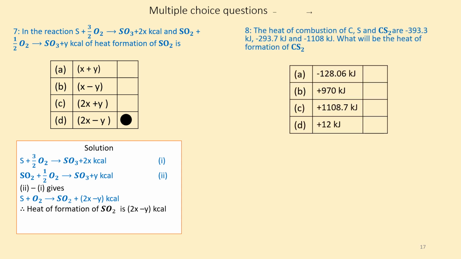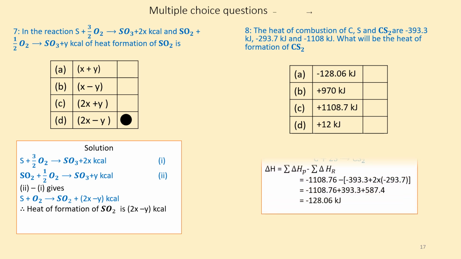Next question: the heats of combustion of carbon, sulfur and CS2 are minus 393.3 kilojoules, minus 293.7 kilojoules and minus 1108 kilojoules. What will be the heat of formation of CS2? Four options are given and I will go ahead with the calculations. The given equation is C plus 2S combined to form CS2. Therefore, this can be written as delta H equals sigma delta H of products minus sigma delta H of reactants.